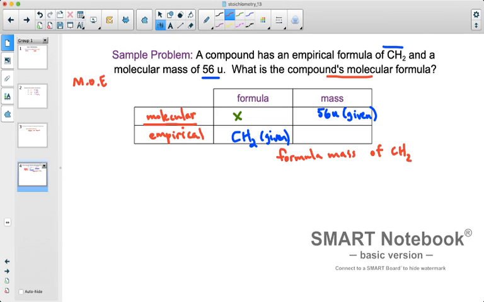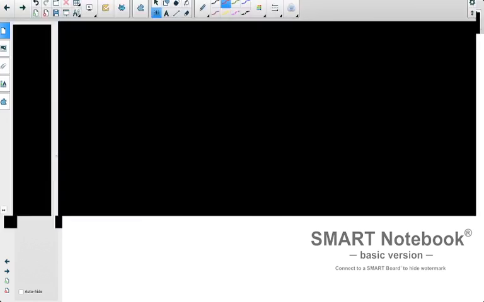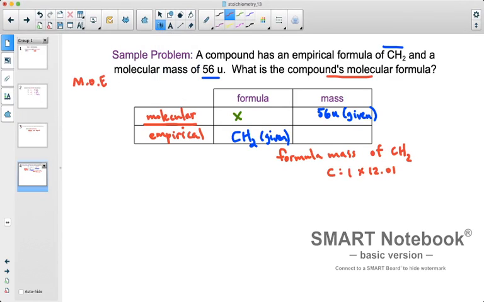So I'm going to do as I always do. I know that I have one carbon, and I'm going to multiply it by 12.01. And remember, when you take the masses off the periodic table, take it to 2 decimal places without rounding. That's important. I also notice that in my empirical formula, I have 2 hydrogens, and according to my periodic table, that's going to be a mass of 1.00.